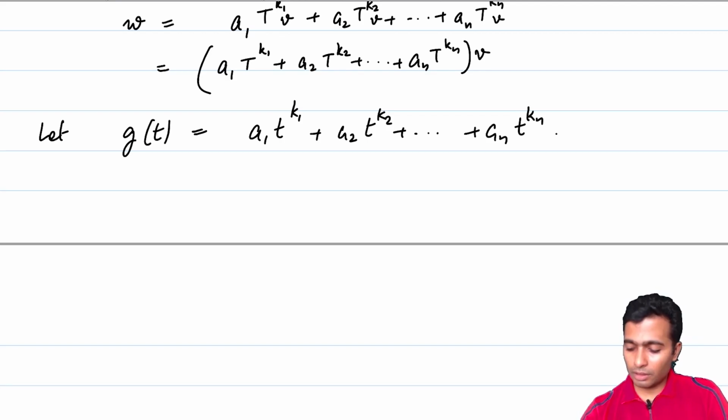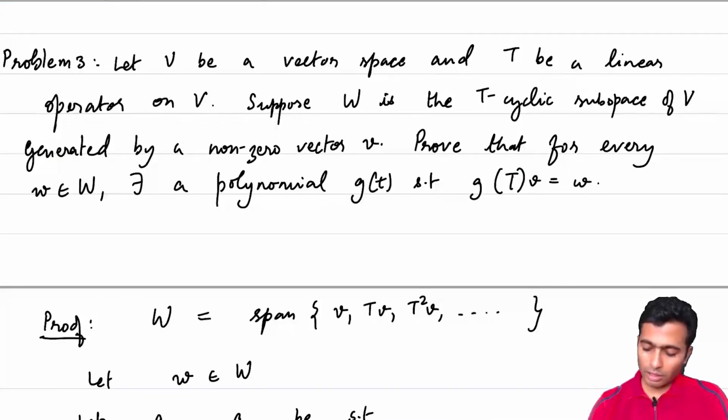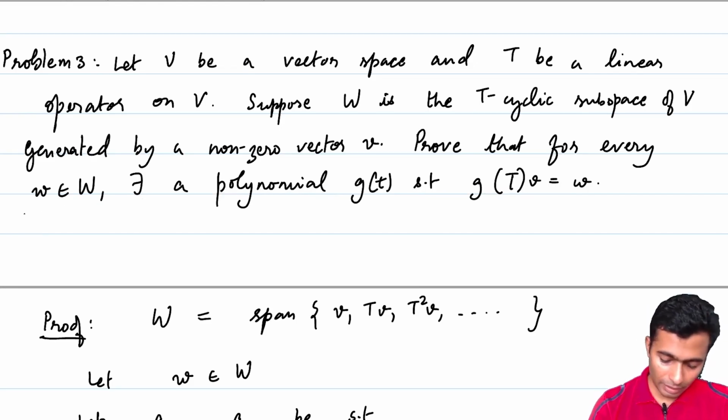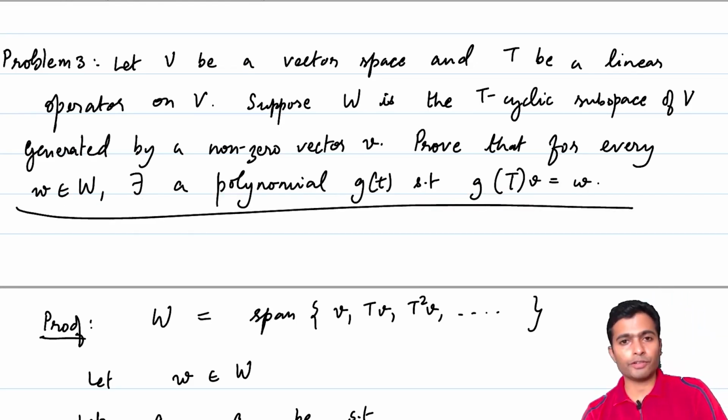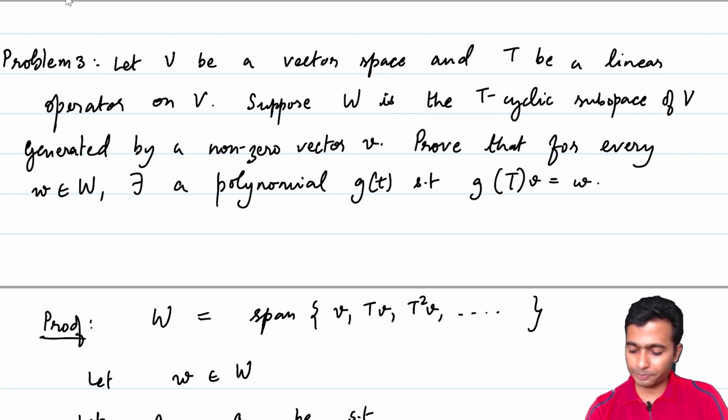Then all the conditions in the hypothesis are satisfied by g, and yes, there exists a polynomial g such that g(T)V is equal to w.